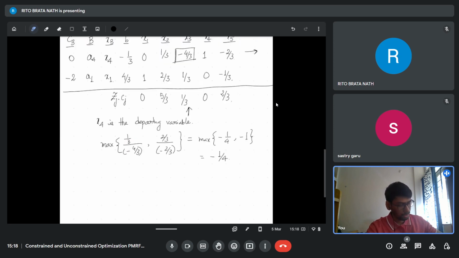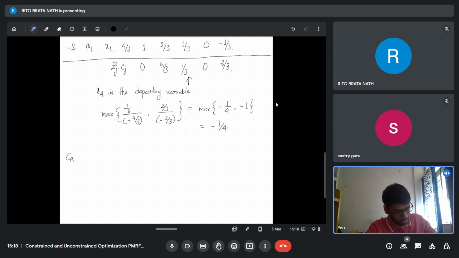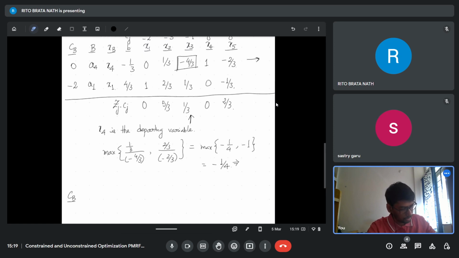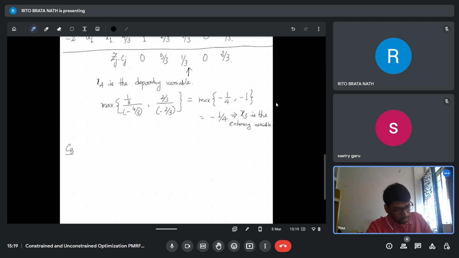Okay, so in the next step, let me write down that x3 is the entering variable. Now let's see what you have to do in this step.